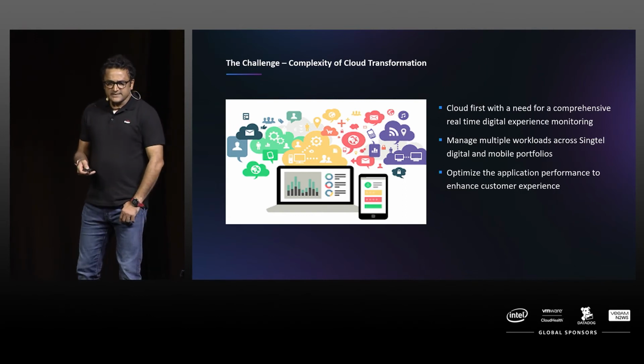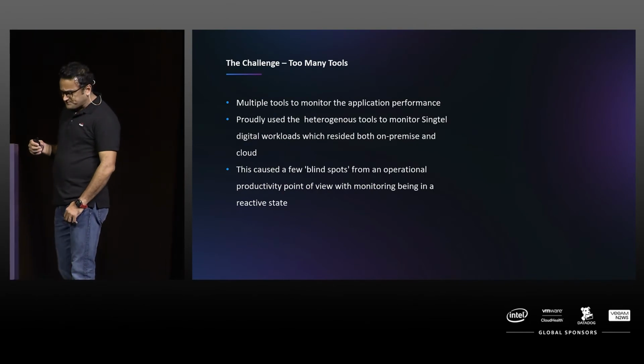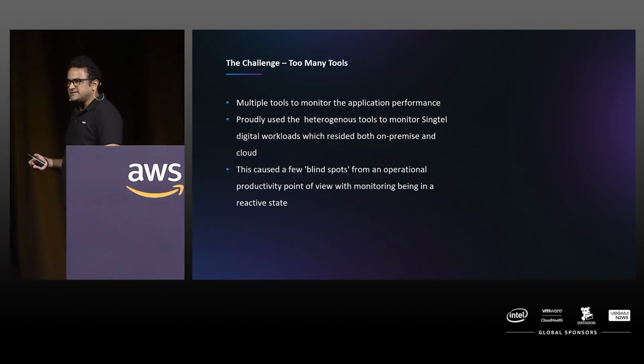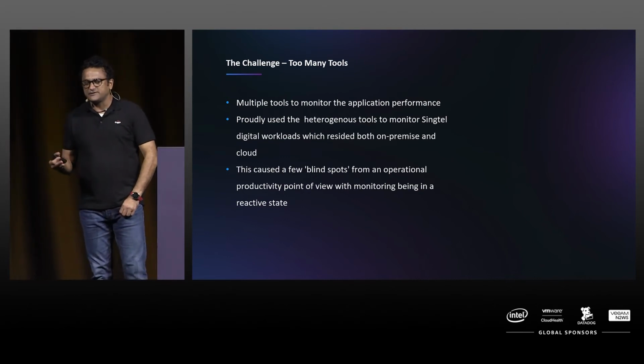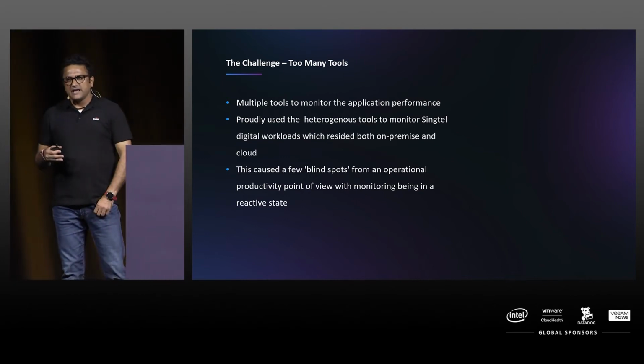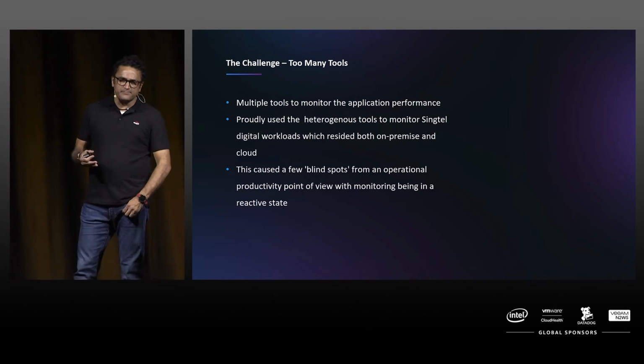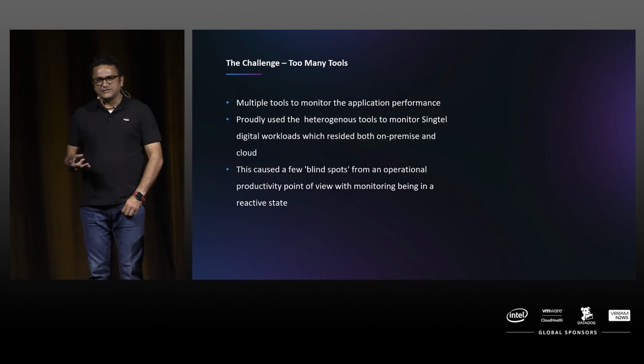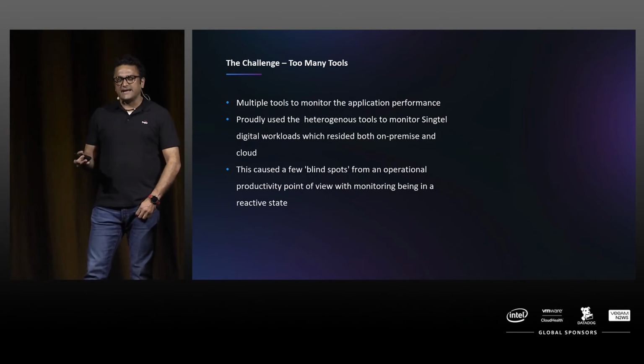The challenge was not just the landscape, it was also with multiple tools. As Kevin pointed out earlier, we had too many agents, too many systems to monitor application performance. We had invested in the best tools back in the day, but the challenge was that they gave us a lot of data when we needed it, but never gave us the answers.